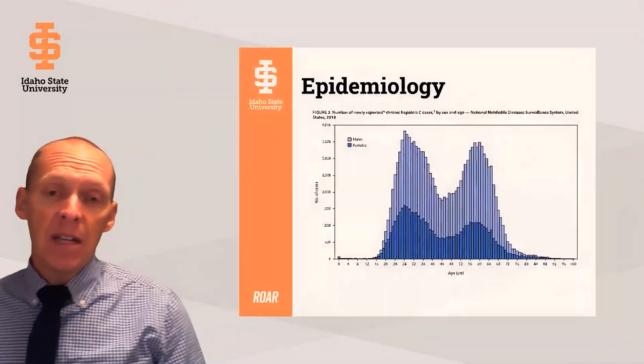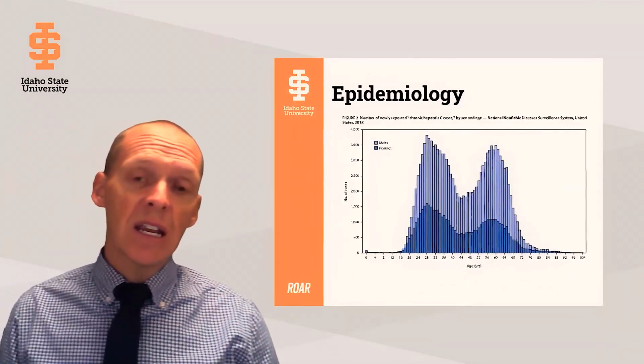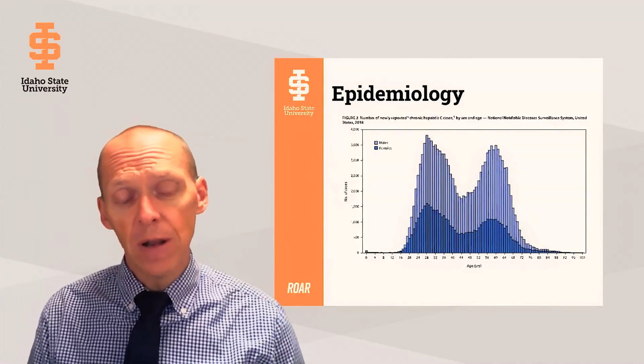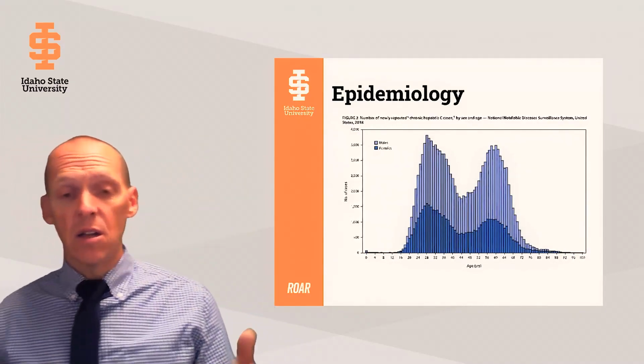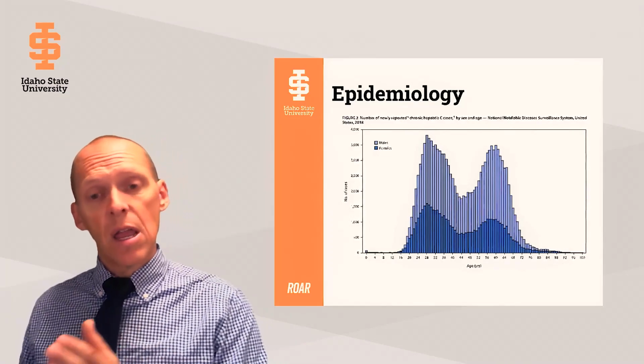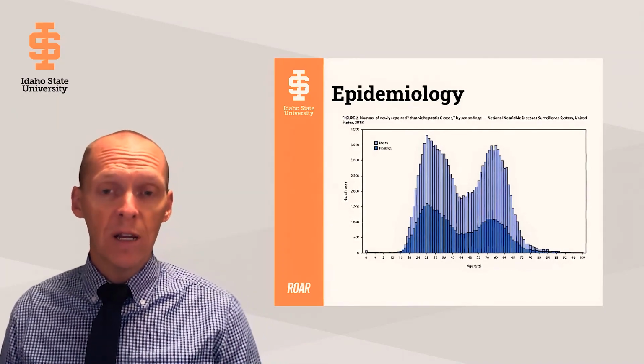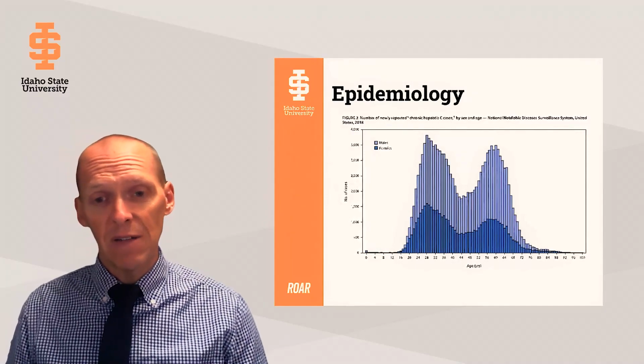And again, on the epidemiology, as I mentioned, we've seen an increase in rates. And when we look at the distribution, it is in those younger individuals and those who are identified as baby boomers, born between 1945 and 1965.